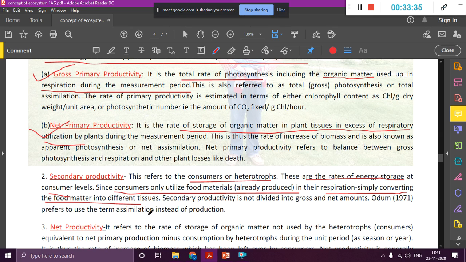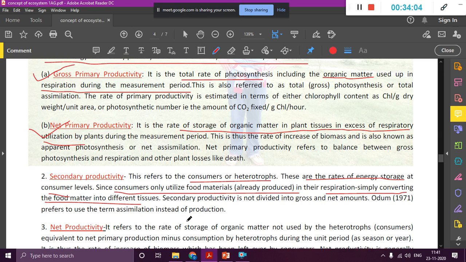So basically, the field produces so much amount of energy by primary productivity. Secondary productivity is the amount of energy which is taken from the field. So if there is 1000 kg of grass on the field and the herbivores may take say 1000 kgs, so 1000 kg is the secondary productivity.